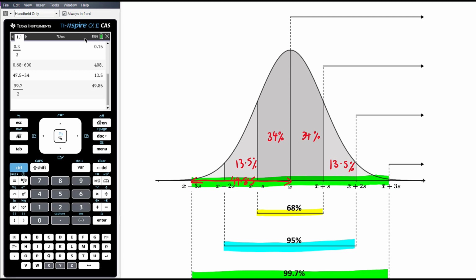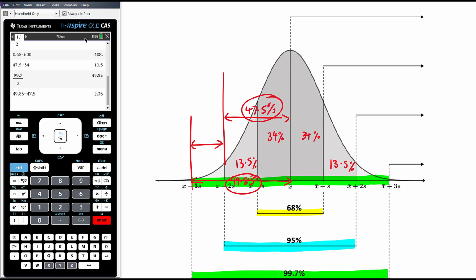And we already know that we've got 47.5% from there to there. So the bit from here to here will have to be 49.85 take away 47.5. So there's 2.35 out here.